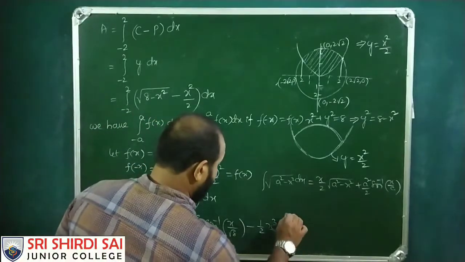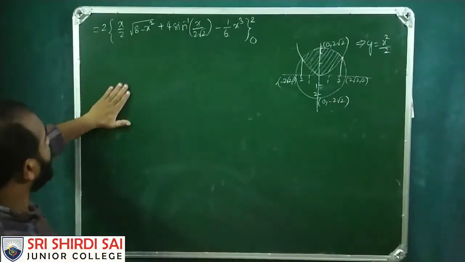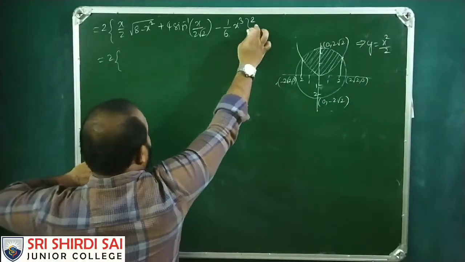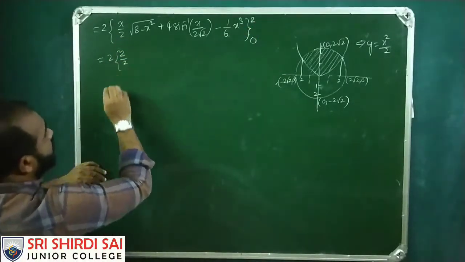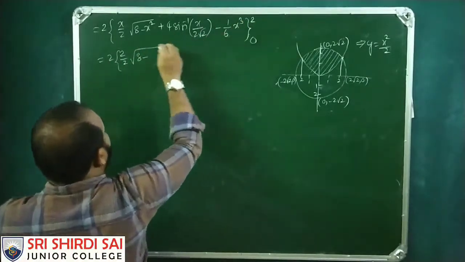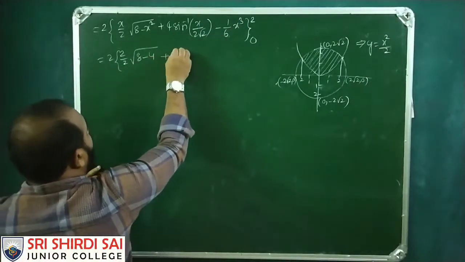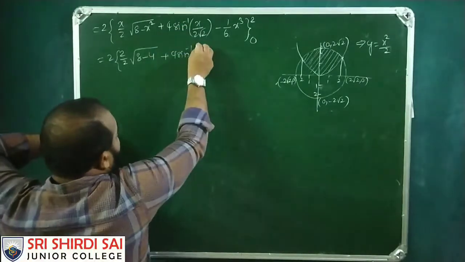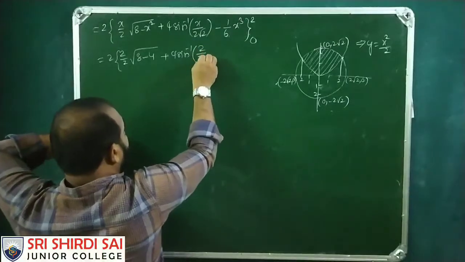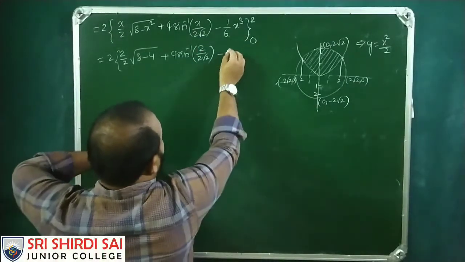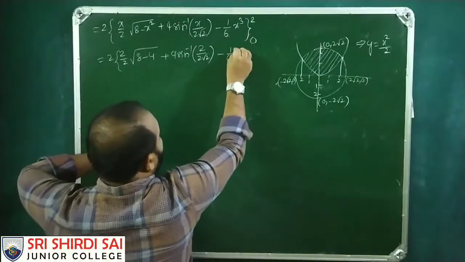Now apply the limit 0 to 2 here. So now this is 2 into, substitute the upper limit. So 2 by 2 square root of 8 minus 2 square, plus 4 sine inverse of 2 by 2 root 2, minus 1 by 6 times x cube, which is 2 cube.